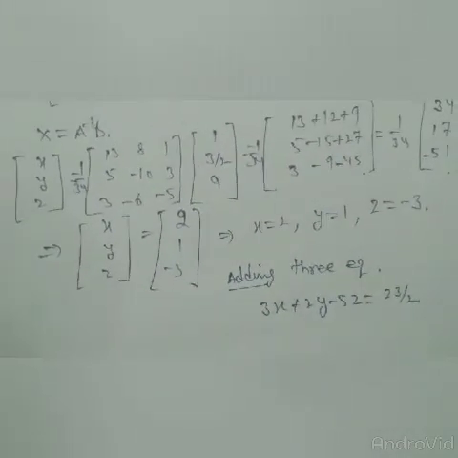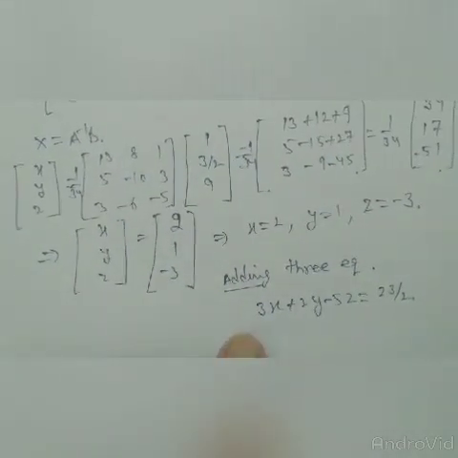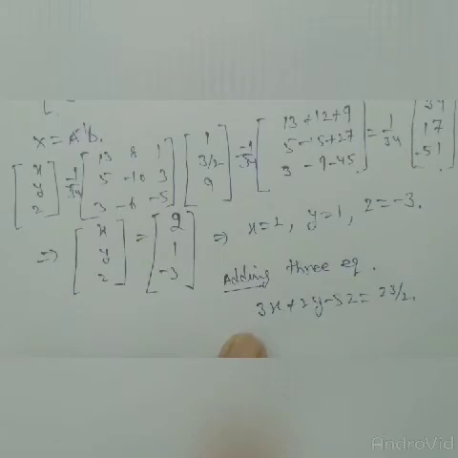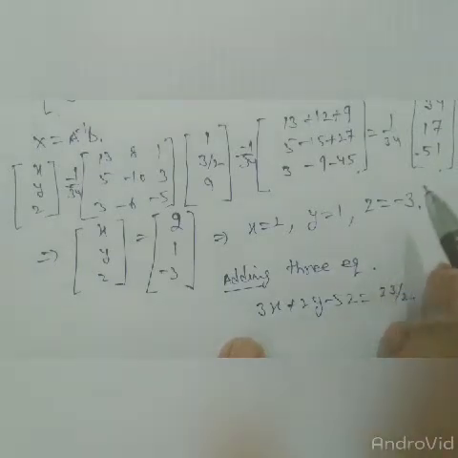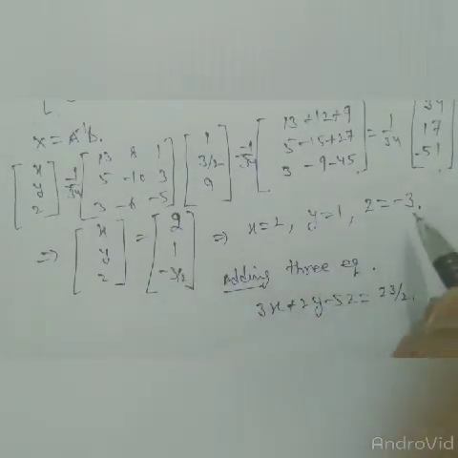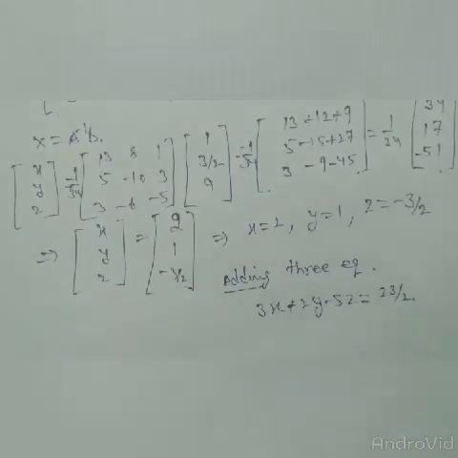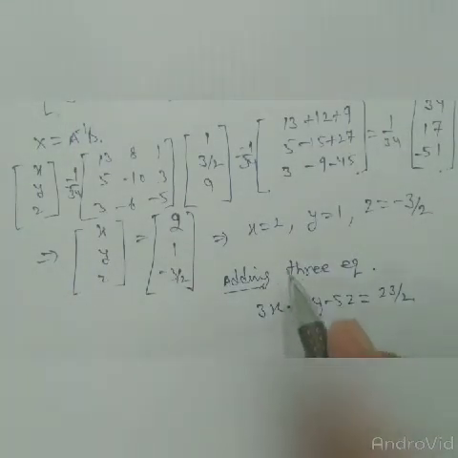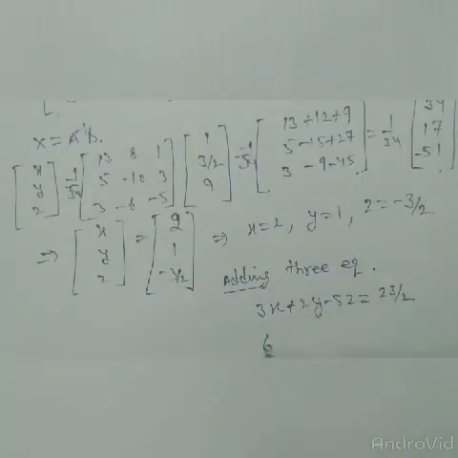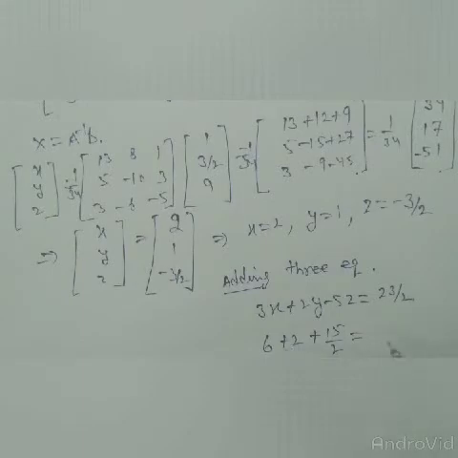Clear? Put the values here: 23 by 2. This result is 3 by 2. Okay. So if we put, this is 3 into 2, 6 plus 2 plus 15 by 2. So our result is 8.